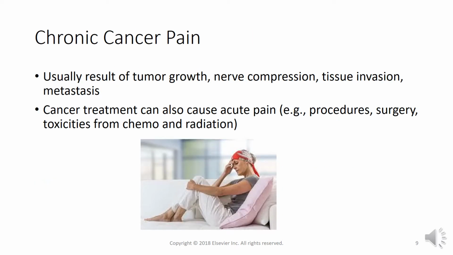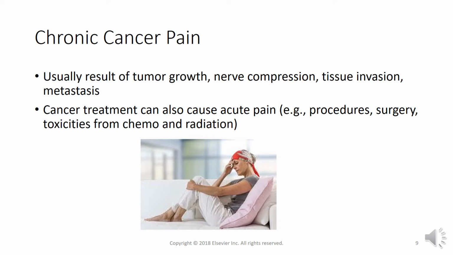Okay, 2 types of chronic pain. We have cancer pain and non-cancer pain. Cancer pain is usually very progressive. Pain in cancer is usually the result of tumor growth and nerve compression, or invasion of the tissue, and of course also the extremely painful condition of bone metastasis.